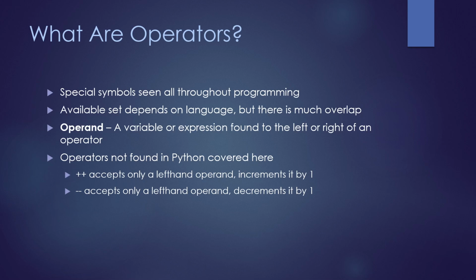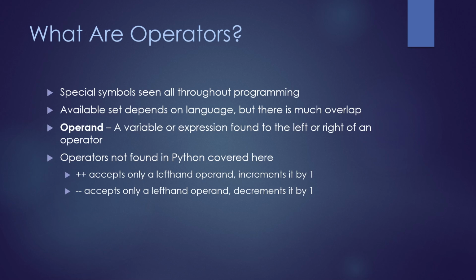So you're going to hear the term operand, and you're going to see the term operand a lot as you are coding and learning the ins and outs of everything to do with the languages that you're using. Now, an operand is an expression, whether it be a variable, a single value, a mathematical operation, a function call, that is on one side or the other of an operator.